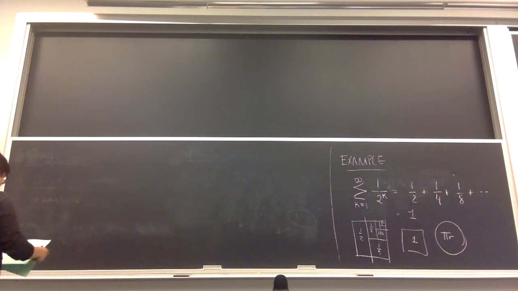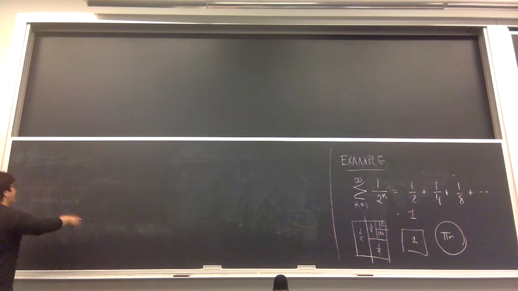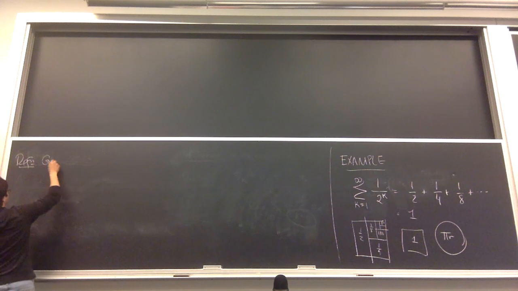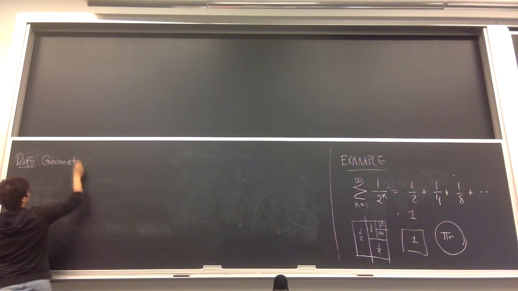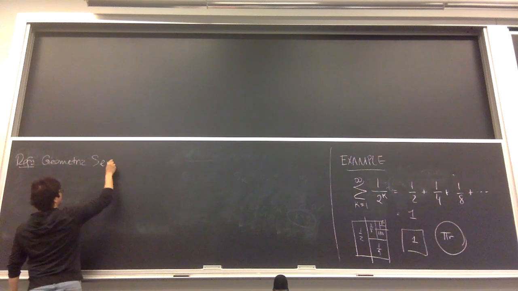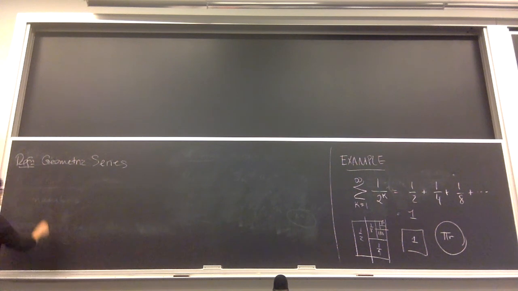Okay, so this was actually an example of something called the geometric sequence, or geometric series. So a geometric series is one that looks like this. It's the sum from k equals 0, this is important by the way. I put the constant out here. Actually, I don't even really care about the constant.